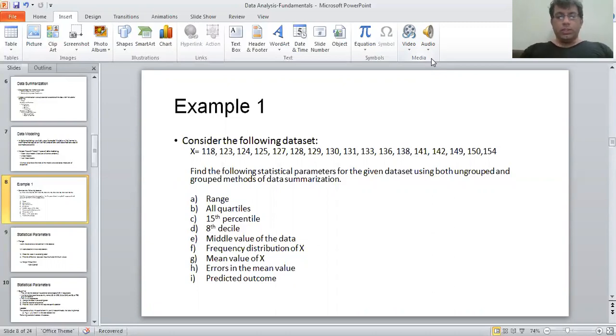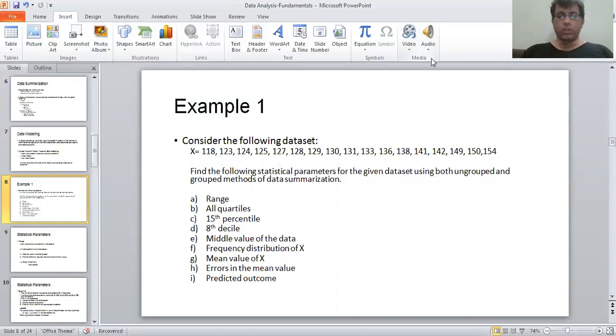The question is this: find the following statistical parameters for the given data set using both ungrouped and grouped methods of data summarization. We have to find the range, quartiles, some percentile value which is the 15th percentile in this case, some decile value which is the 8th decile in this case, the middle value of the data, frequency distribution of x, the mean value of x, errors in the mean value, and the predicted outcome.